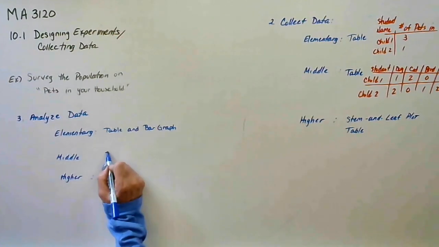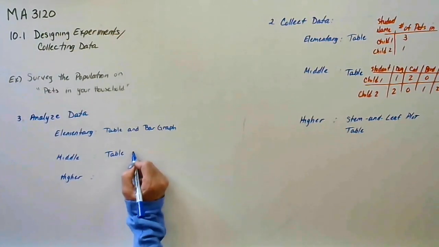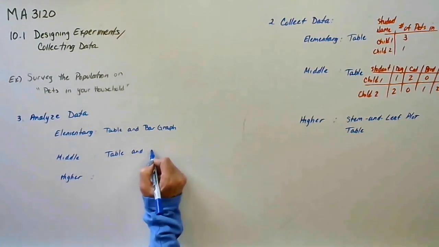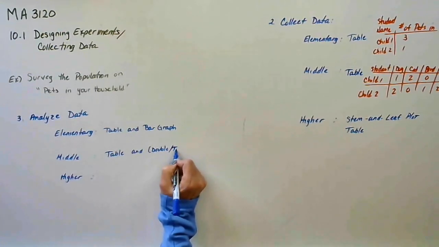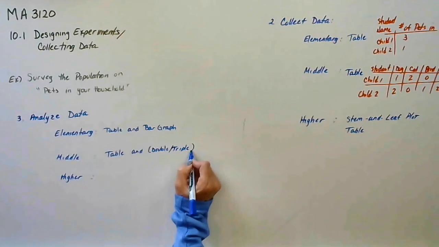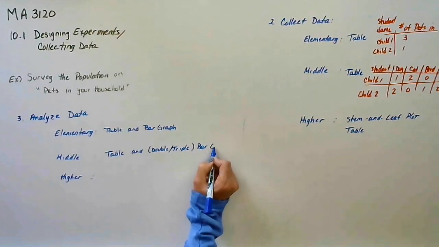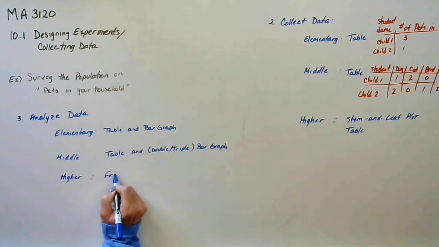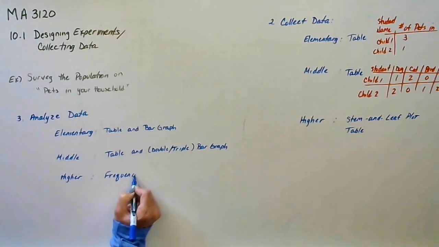In the middle level, we're probably also still using a frequency table, and maybe it's a double bar graph or triple bar graph. So I'm just going to say double, triple, maybe it's just a single bar graph. And then, as we said before, with the higher level, depending on how high you're going, we could have a stem and leaf, a frequency distribution.